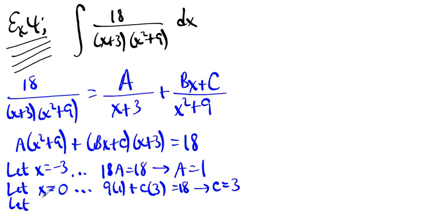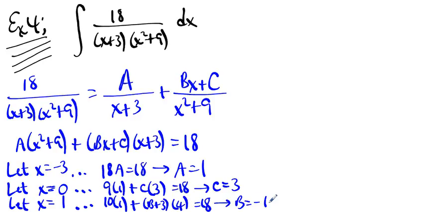And then we can pick any number in the world to tell us what b is. I'm going to choose 1 because that's going to give me a 1b. So this means 10a, which we already know to be 1, plus b plus 3 times 4 has to be 18. And that tells us that b is -1.